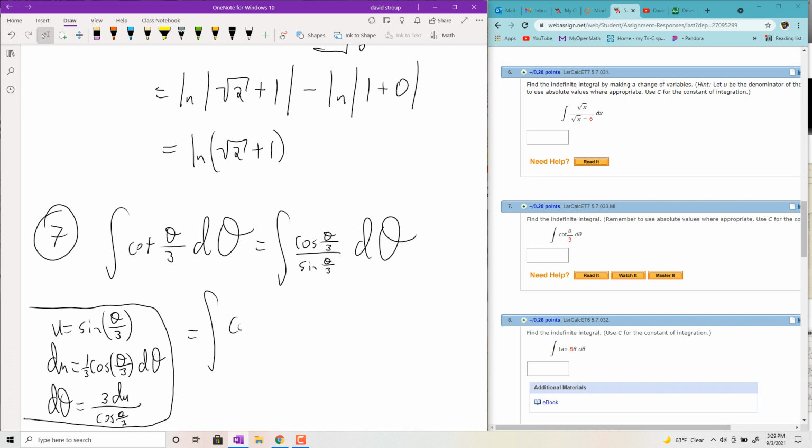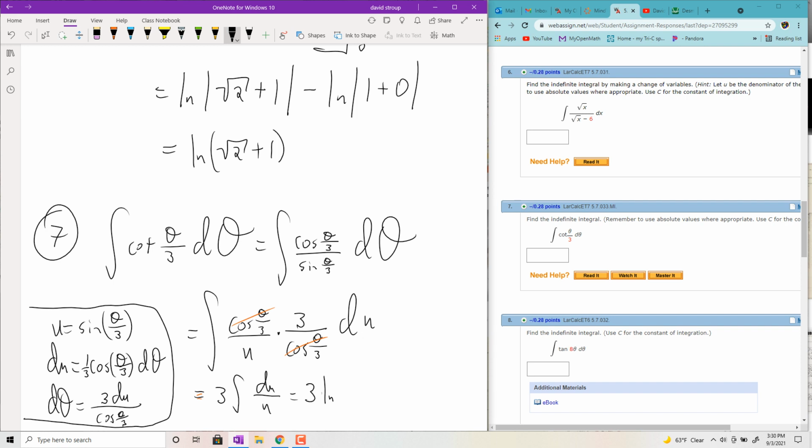And then we could do our subs. So the integral of cosine of theta over 3 all over u times 3 all over cosine of theta over 3 d theta. Nice cancellation. And we factor out the 3, so you get 3 times the integral, and this should be a du now, not d theta, of du over u, which of course is ln.